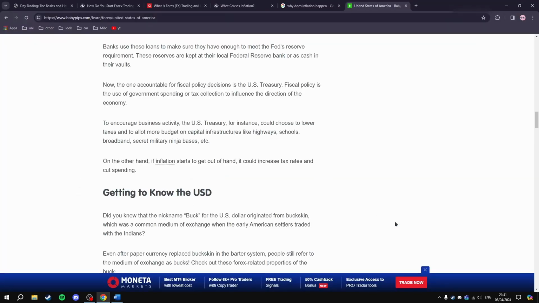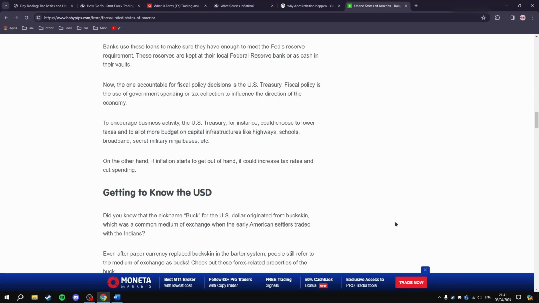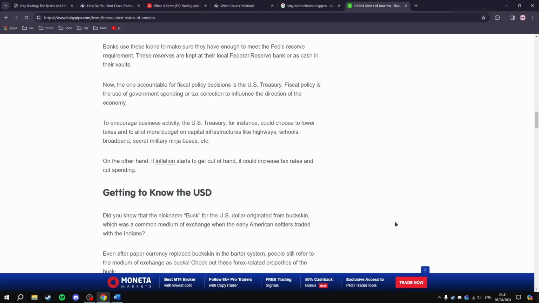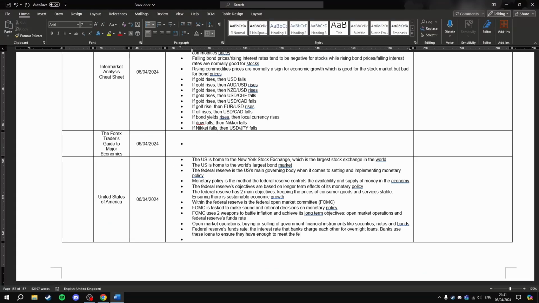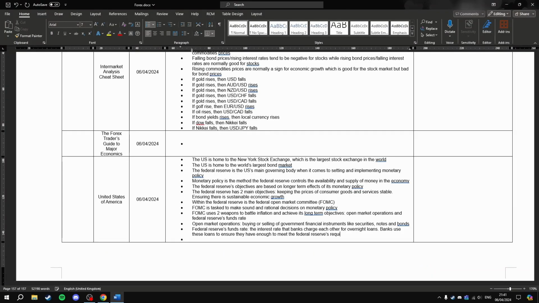Banks use these loans to ensure they have enough to meet the Federal Reserve's requirement.